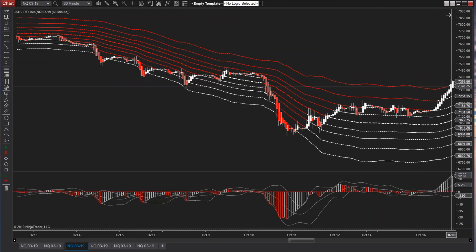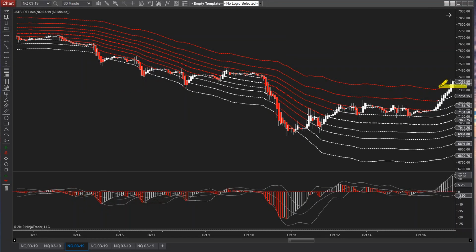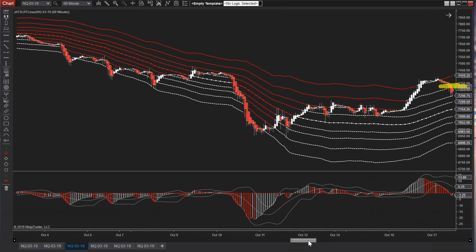So if you're going to be going short, you need to be paying attention. This is exactly where you want to be looking, because we're at the end of the football field. We're on the sidelines. We're out of bounds. We're going to be getting a penalty for moving too far out of the field, and there it goes.